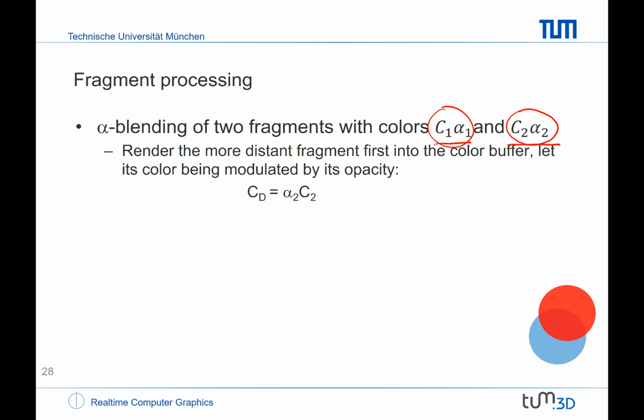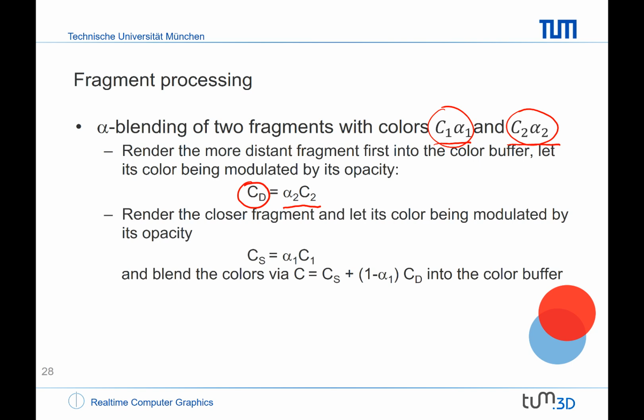For every fragment that is generated for that object, we interpolate a color from the per-vertex colors, and we interpolate an opacity value, both being interpolated by the rasterizer, so that every fragment gets an interpolated color and opacity value. And in a fragment shader program, we multiply for every fragment its interpolated color with the interpolated opacity, and that's then the final fragment color that is rendered into the color buffer.